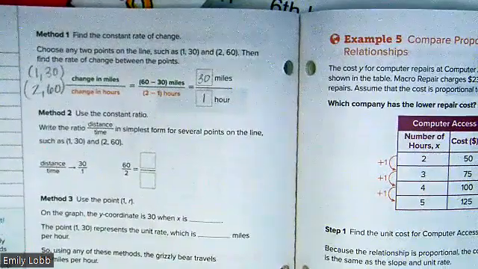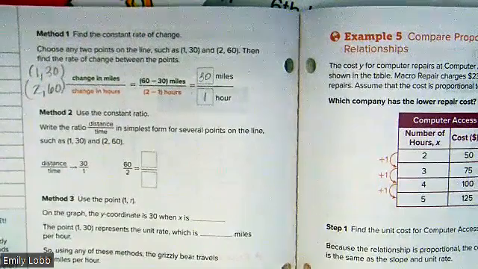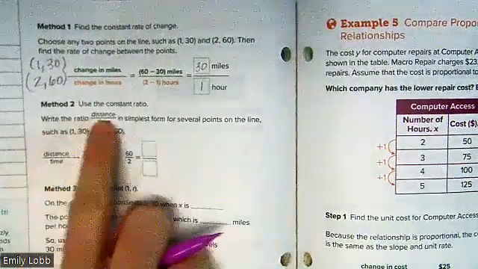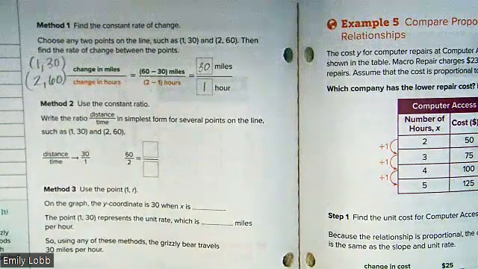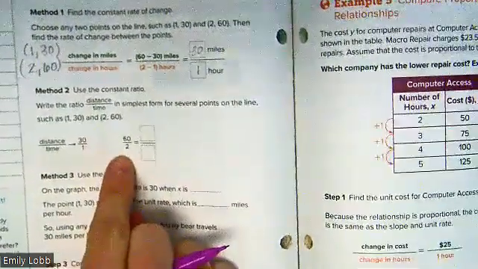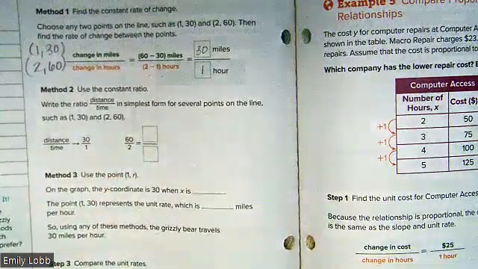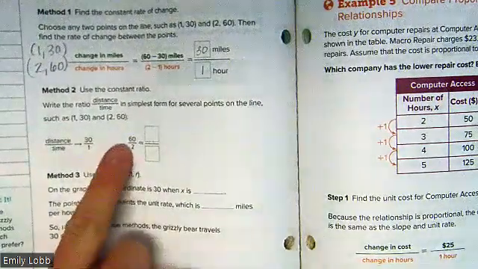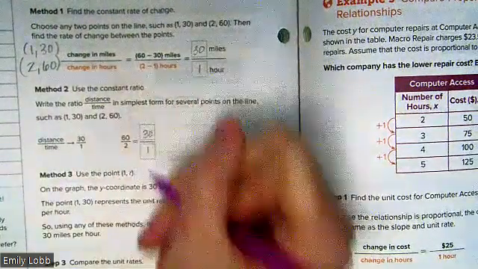That way we know it is 30 miles per hour. Another way, use the rate distance over time. We can just simplify y over x, right? We could divide them both by 2, giving us 30 over 1.